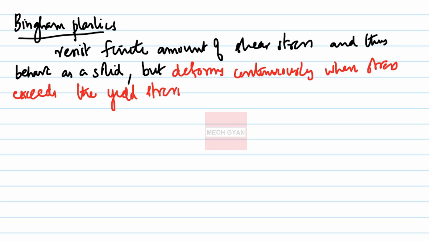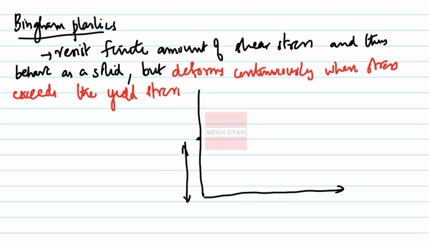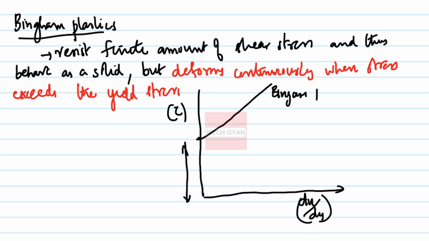So we can plot it with tau on the y-axis and du by dy on the x-axis. It resists a finite amount of shear stress, but later on it deforms continuously. Such fluids are known as Bingham plastics. An example is toothpaste.